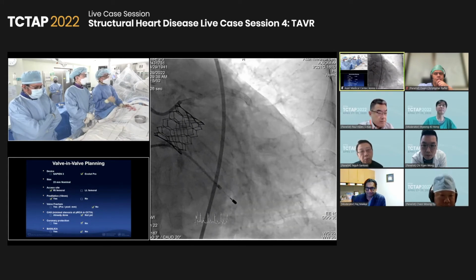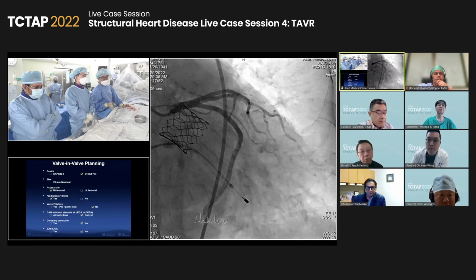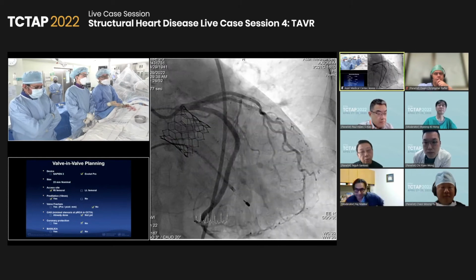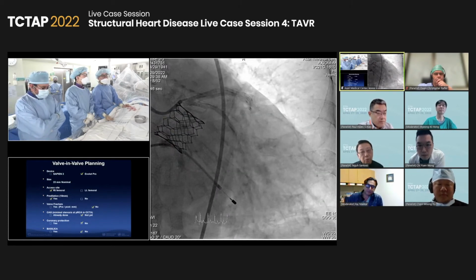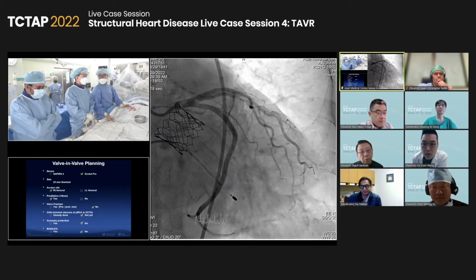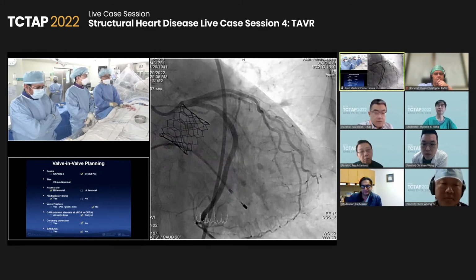If we decide on an additional Sapien, we should choose the Sapien 20, and that is absolutely a PPM concern. So that is why we selected the Evolut 23, as the supra-annular structure would be much better for maintaining a much bigger aortic valve area.